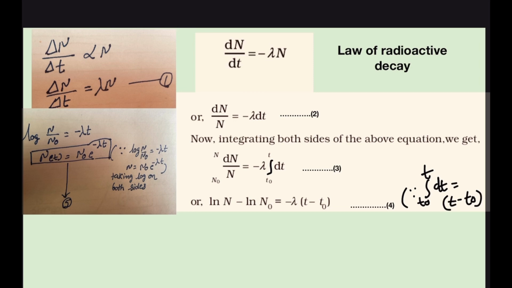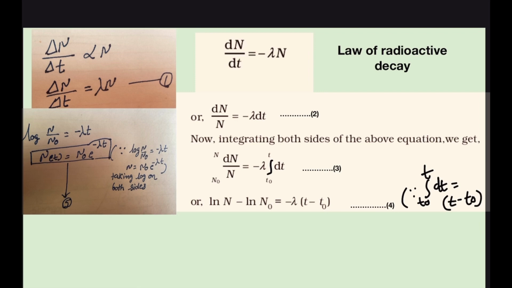Delta N by delta t is directly proportional to N, meaning if the number of nuclei is more, then the decay rate will be more. If we remove the proportionality sign, there will be a constant, and it is called lambda. So lambda is called the decay constant or disintegration constant.